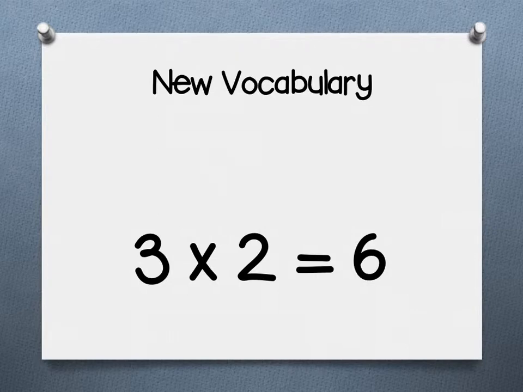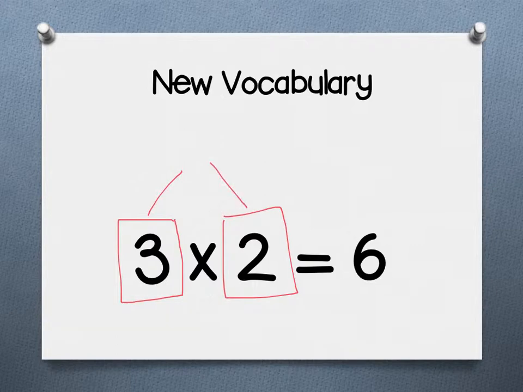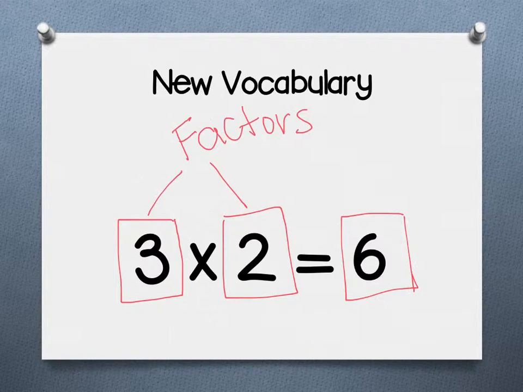So in multiplication, we have this number, number 3, and this number, number 2. They have a name. 3 and 2 are both called factors. Okay? Then we have a 6 there.